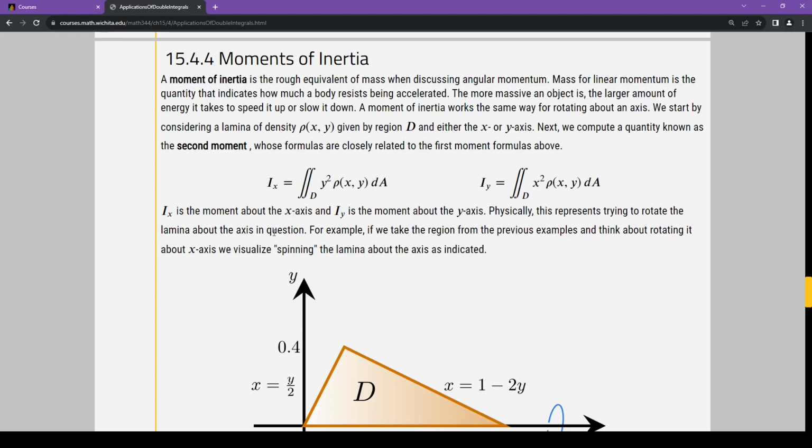The moment of inertia is the rotational analog of mass in the context of angular momentum. We've all had the real life experience of understanding that some things are harder to spin than others, even if they have the same amount of mass. It depends on how that mass is distributed.